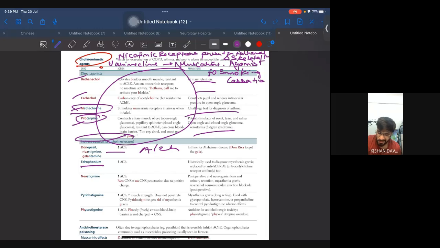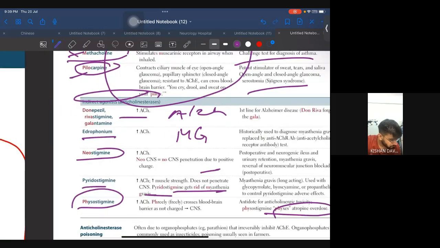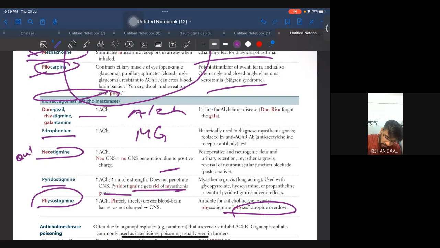This drug is used for the screening of myasthenia gravis. Neostigmine can also be used for the treatment. Pyridostigmine can also be used for the treatment. Physostigmine is used for atropine overdose. So you have to use all these lines. And another thing is, neostigmine has quaternary structure. Physostigmine also follows the quaternary structure.